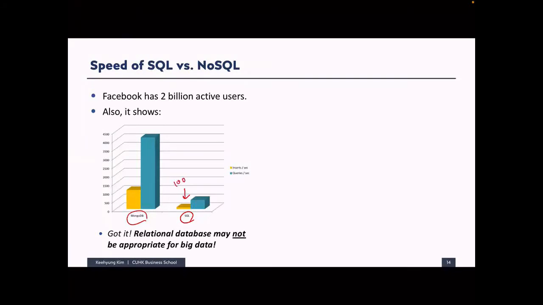And the blue bar shows about 400 select queries can be performed in SQL. However, in MongoDB, as you can see, many more operations can be performed in a second. So in a web system, where there are a lot of users and the data is growing exponentially, the relational database may definitely not be appropriate for big data. In this case, we have to think about other alternatives, something like MongoDB or a NoSQL database system. So that's the main point.